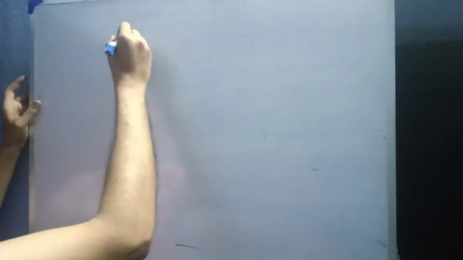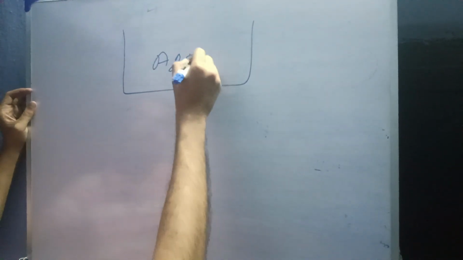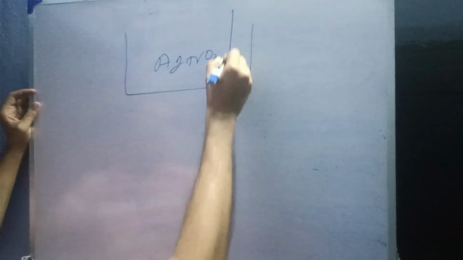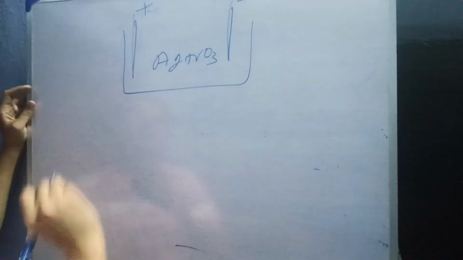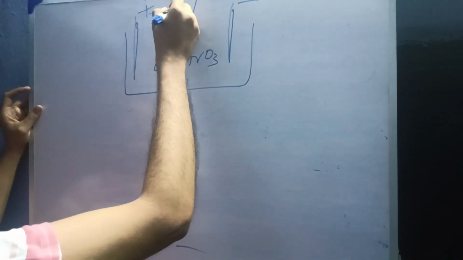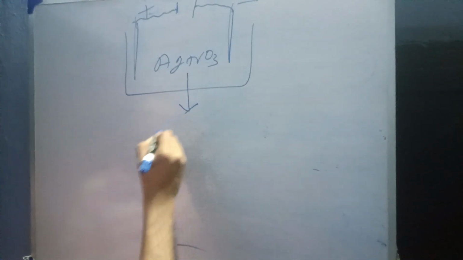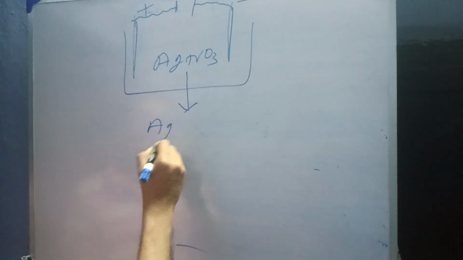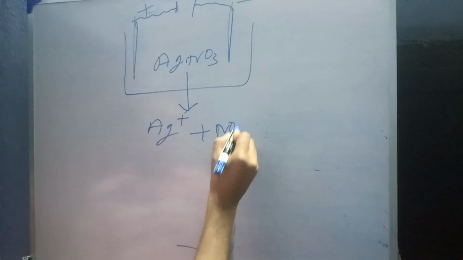And in the case of silver nitrate, if silver nitrate is present, and here also a negative and a positive electrode are present, connected through a battery. Now this silver nitrate can be ionized as Ag plus plus NO3 minus.